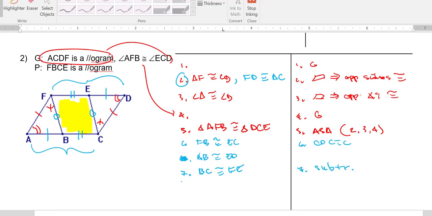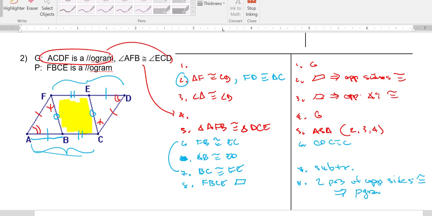Okay, and because I subtracted AB from AC and got BC, and now, because I have these two, I can say FBCE is a parallelogram because two pairs of opposite sides congruent means I have a parallelogram. Okay, so that's one way I could have done that.